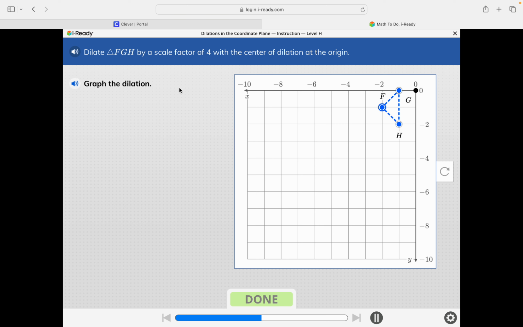Origin is here, right? Okay, origin is right there. Now we are doing this one. So dilate triangle FGH by a scale factor of 4 with the center of dilation at the origin. We have to do scale factor of what? 4. It's already given here, Subani.